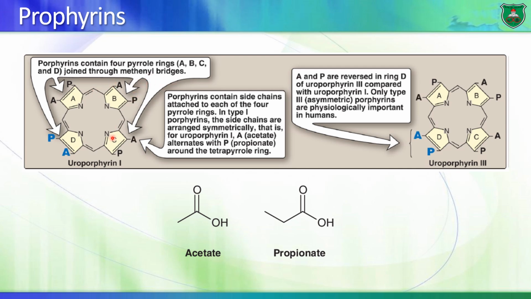Okay. Now, you can have these substituents alternating, so you can have them as AP, AP, AP, AP, and so on, or they can differ as well. So you can have AP, AP, and then you have them as PA.